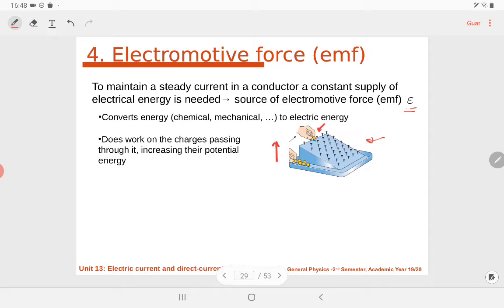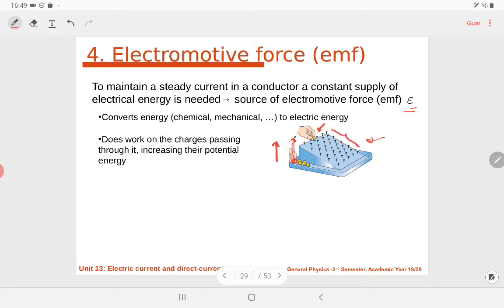So when we get one of these small balls and we increase its gravitational potential and we let it free, this is the same as what the electromotive force is doing. So it's getting the charges and it's increasing their electric potential, and then it's freeing them.